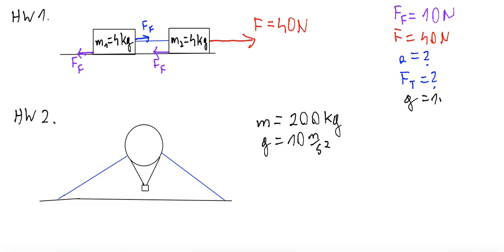You know that the balloon experiences, except for the gravitational force, a buoyant force, which is given as Fb. In this case, the buoyant force will be equal to 2,500 newtons. Of course, the buoyant force is bigger than the gravitational force, so the balloon tends to accelerate up.